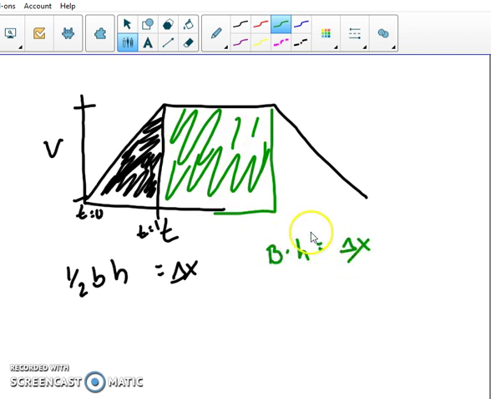That would still give you how far you went. So in a graph, you could look at this whole thing. In calculus, we call that an integral, but you're not going to ever see that, so don't worry about it.